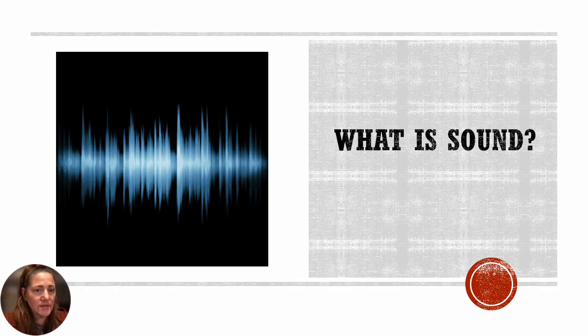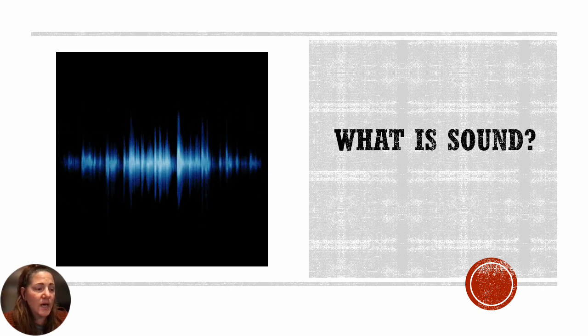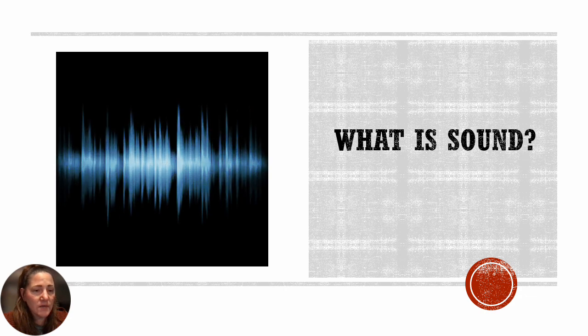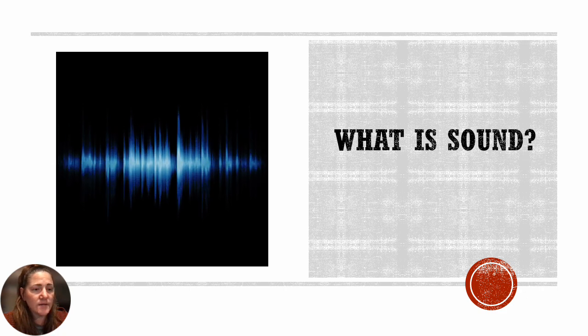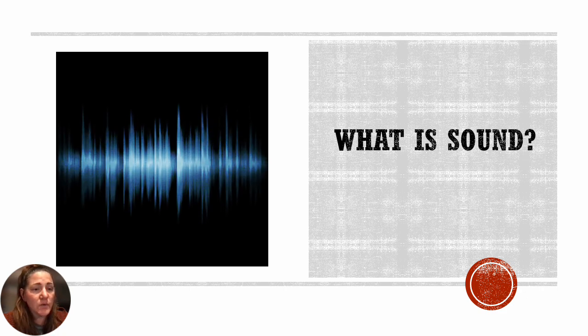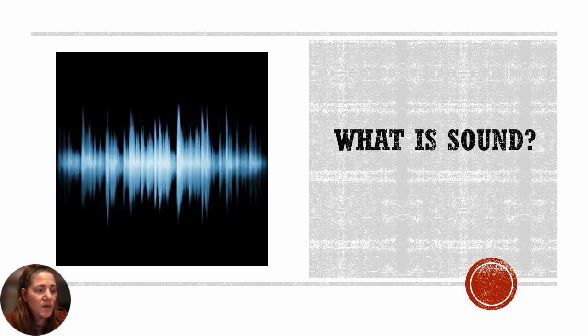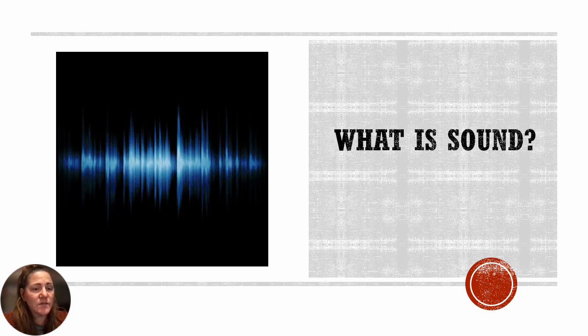And what is sound? Sound is created by vibrating objects, and it can travel through various mediums. Mediums can be things such as liquid, solid, or gases. An example of a liquid medium would be water, solid would be the floor, and gas would be something as simple as air.